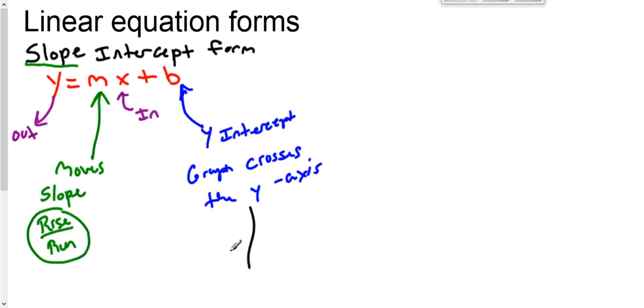So for instance, here's my graph, here's my line. This point right here is the y-intercept. The y-intercept is also referred to as the starting point. Where does this graph kind of start? It starts here, goes this way, and goes that way.